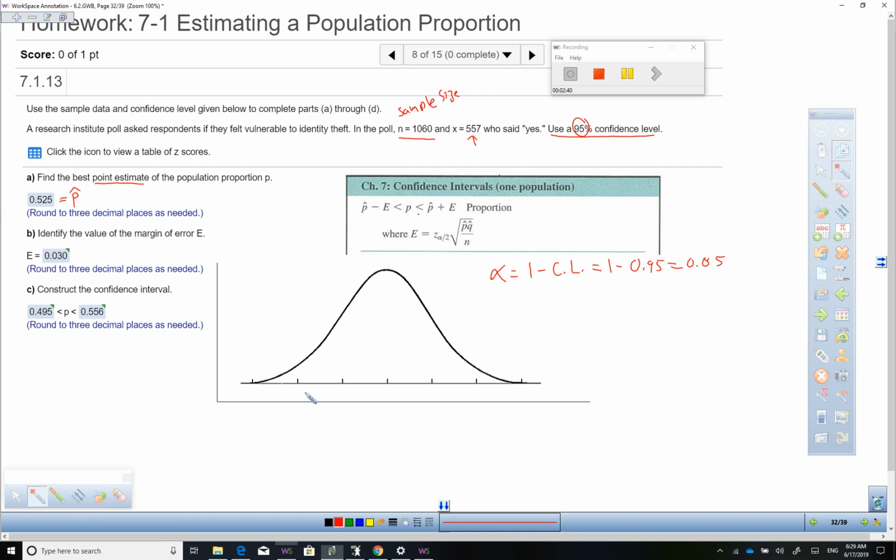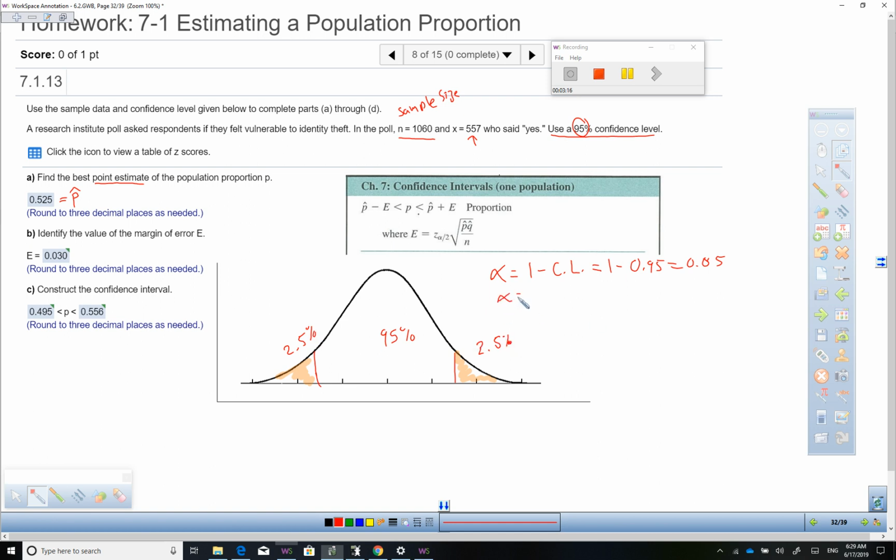That means about 95% is going to be here in the middle, right? So 5% will be split in these two regions. I need to have 2.5% here and 2.5% here.